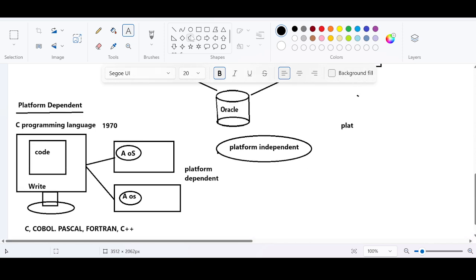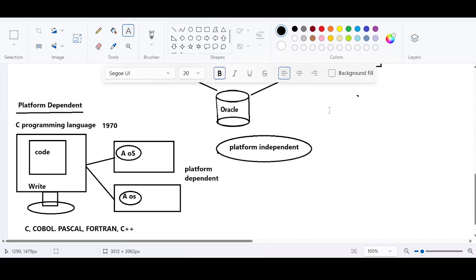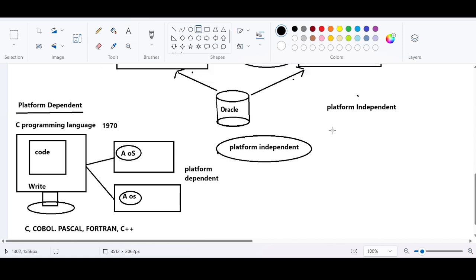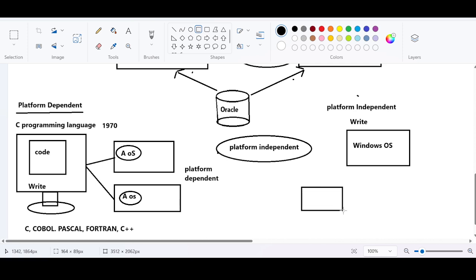But after the 1990s, some languages were introduced as platform independent. The popularity of programming languages increased. When you say a language is platform independent, you can write that code on one machine. Let us say you are writing it in Windows OS, the code is written in Windows OS, and for the execution you can run it anywhere.